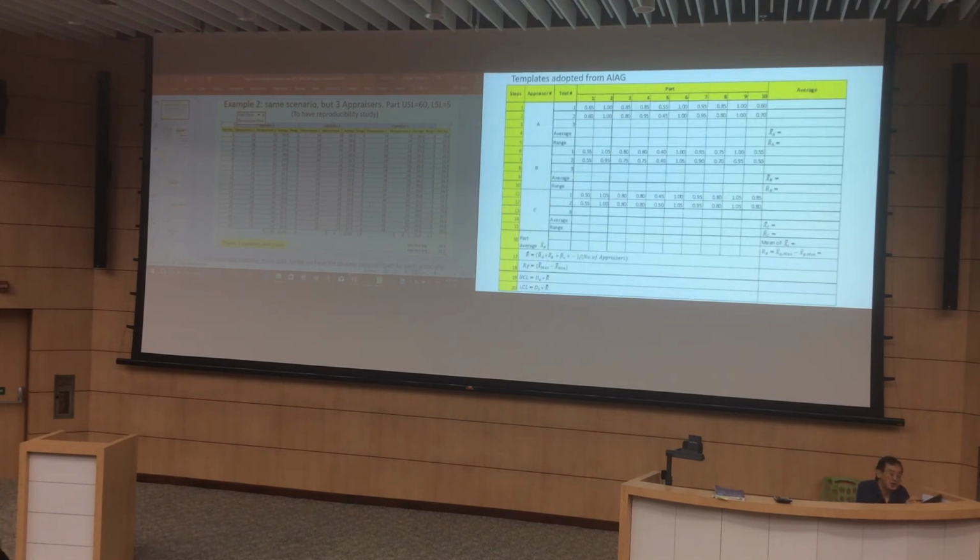So they say you get appraisers A, B, C. Everybody has 2 trials, you have 10 parts, you get the values, and you calculate the average, 0.625, and the range is 0.05, right? So you fill this in, you take the average of this row, this is what it is. Then the second appraiser, same thing, and the third one, right?